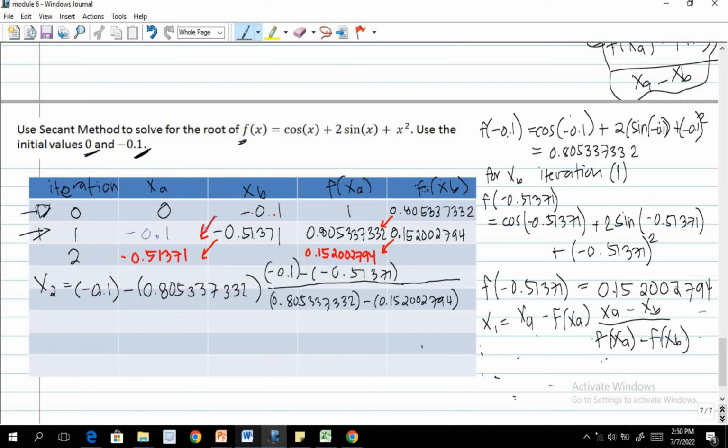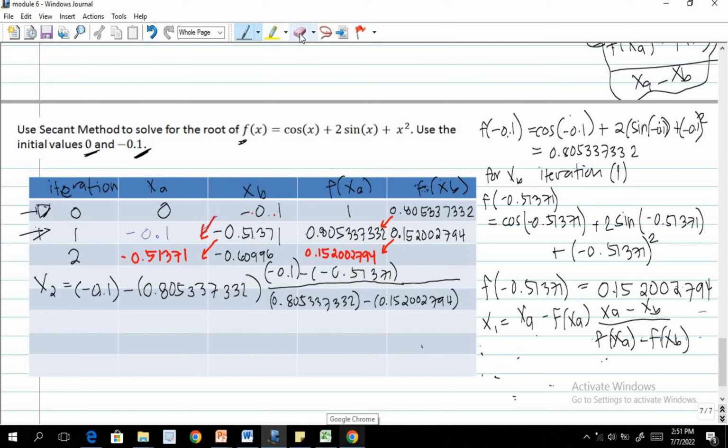Okay, if you try to input this in your calculator, may lalabas po na value for your xb. Ang lumabas po sa aking calculator ay negative 0.60996.